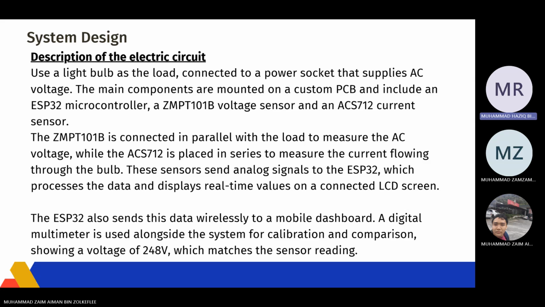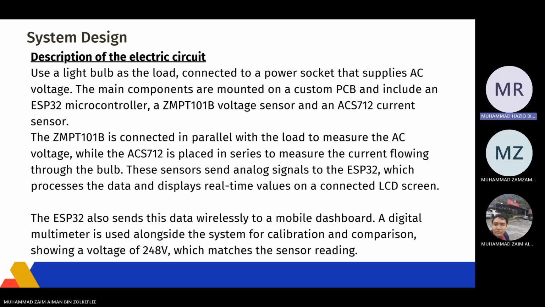The main components are mounted on a custom PCB and include an ESP32 microcontroller, a ZMPT101B voltage sensor and an ACS712 current sensor. The ZMPT101B is connected in parallel with the load to measure the AC voltage, while the ACS712 is placed in series to measure the current flowing through the pump.